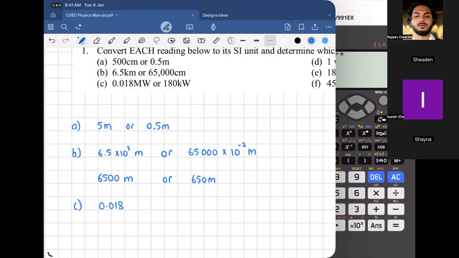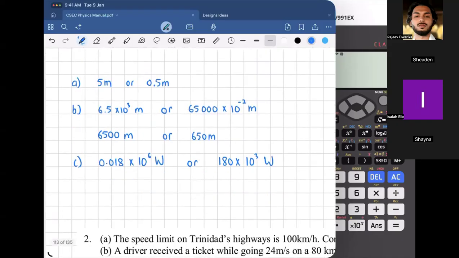So we have 0.018 mega. Mega means 10 to what power? 6, right? So that'll be 0.018 by 10 to the power 6 watts. And then we have 180 kilowatts. What does kilo mean? 10 to the power 3, right. So what is 0.018 by 10 to the power 6?